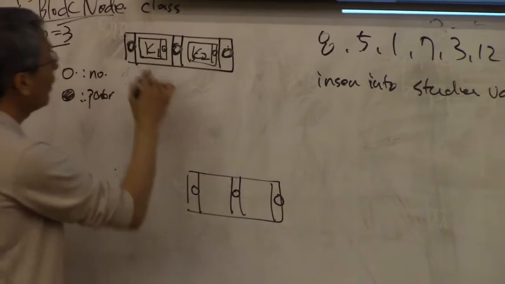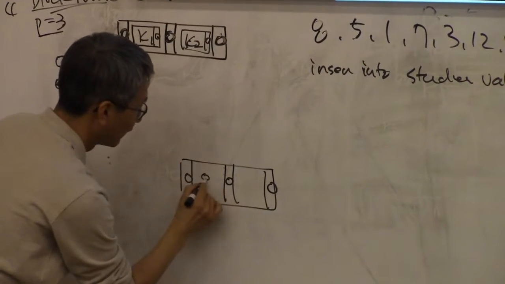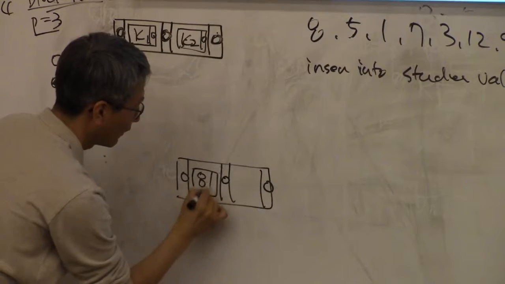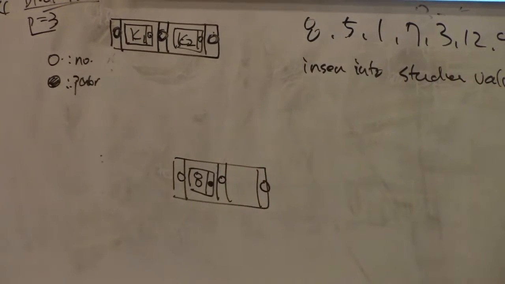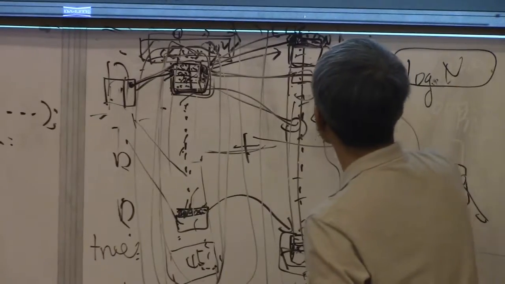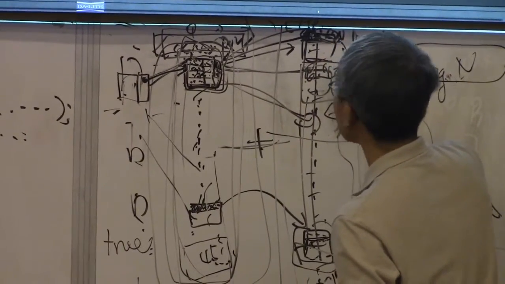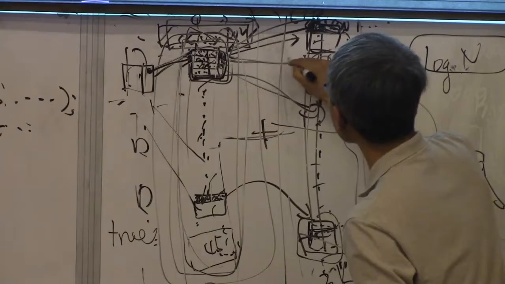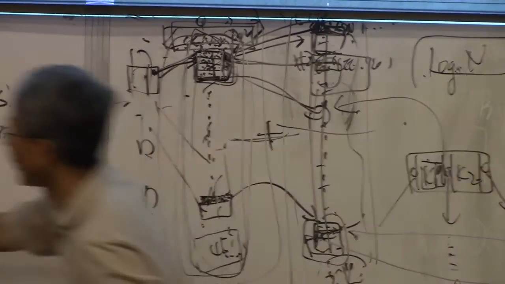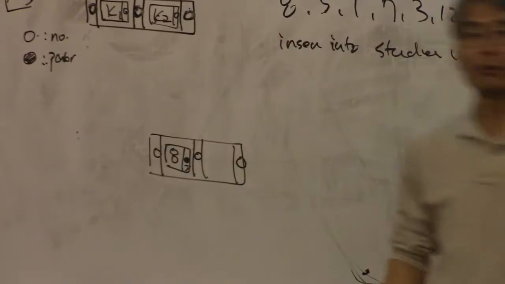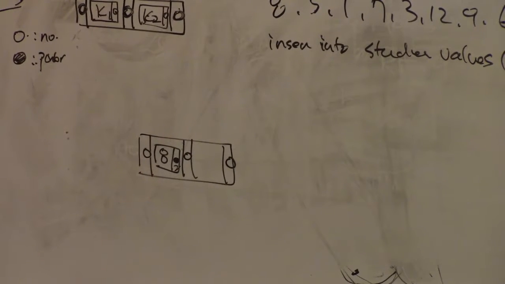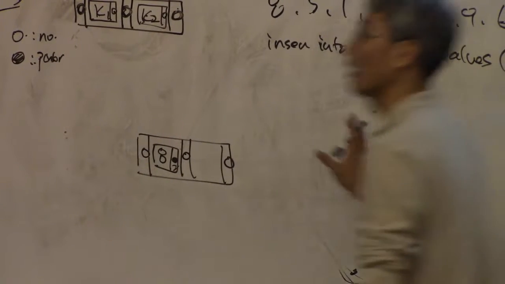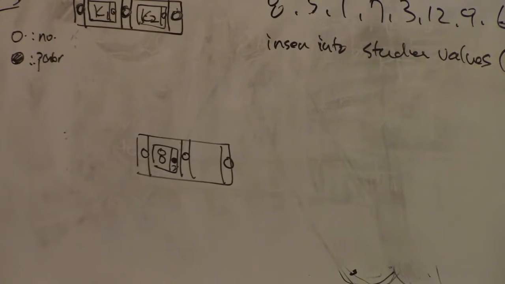Then what is the value? 8. And this one is a data pointer. 8, lead, and CS will be inserted here, and data pointer is number 2. So number 2 will be inserted as a part of the index key. So this is done. No problem. It's the same as the search tree.